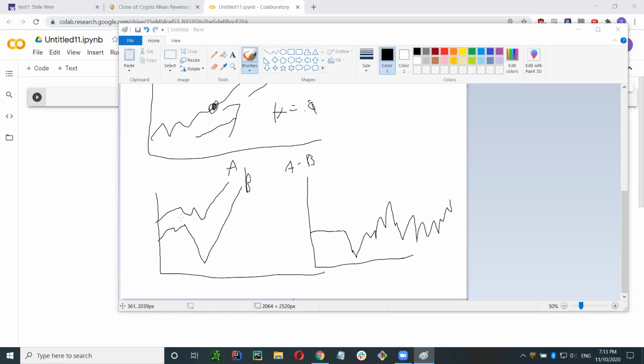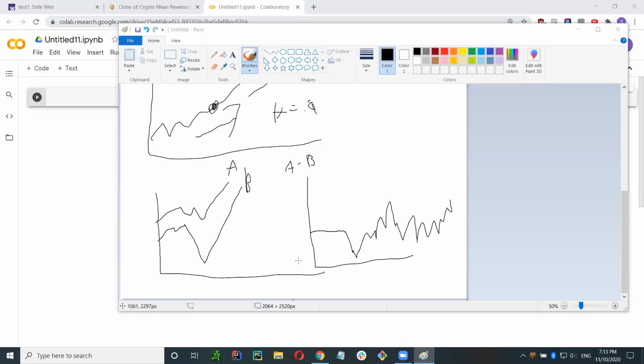The theory behind pairs trading is that when two stocks diverge, like Coca-Cola and Pepsi, when their prices diverge a lot, you expect that to be something out of the ordinary. Coca-Cola and Pepsi's prices should move pretty closely together, right?